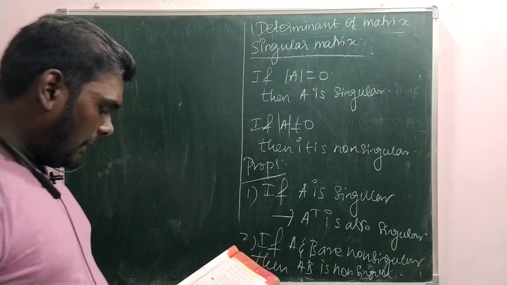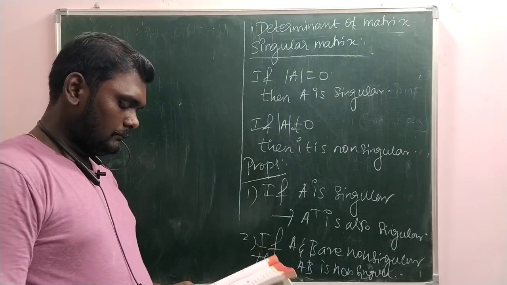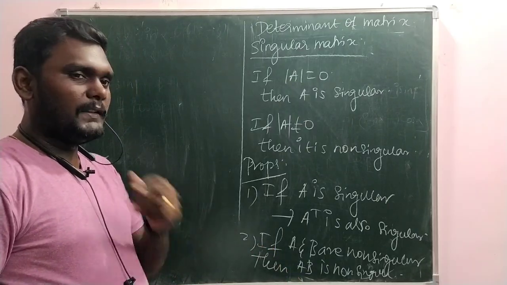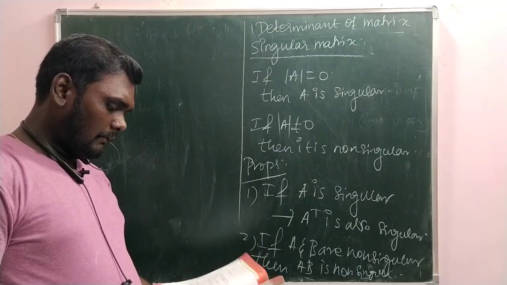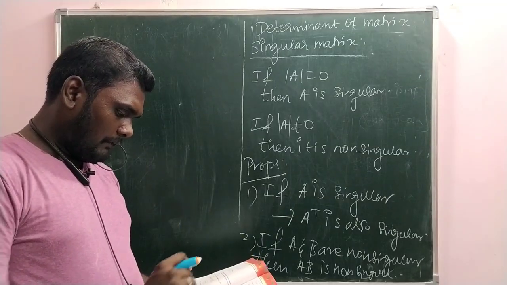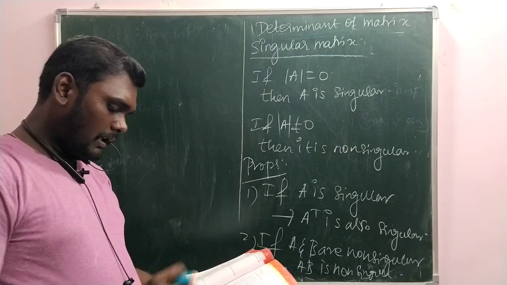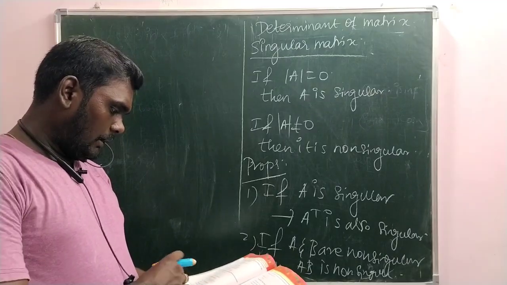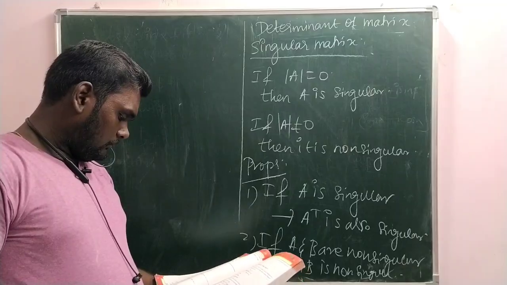Okay, what about if A and B are singular? Product also will be singular. So determinant of A and B. I think we have one more property of this determinant, like determinant of AB is equal to determinant of A into determinant of B. Like it came somewhere. No.